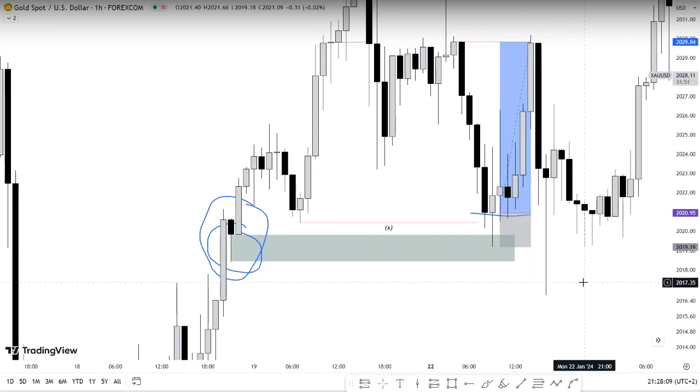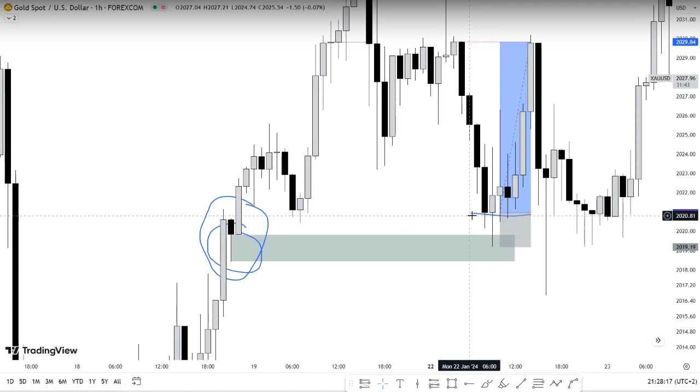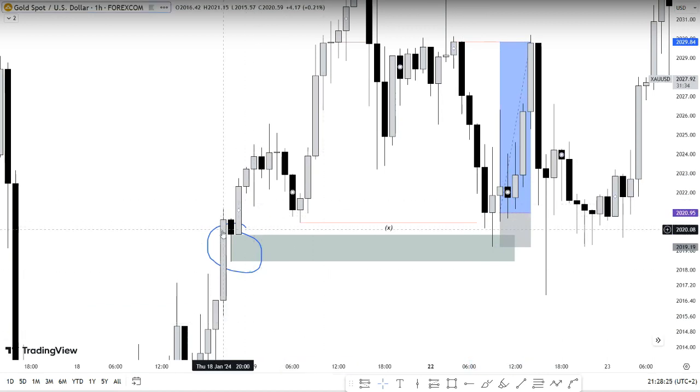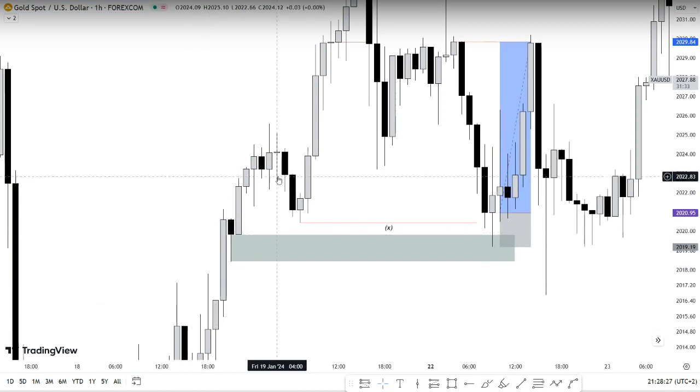But the same thing that I'm showing you now is the same thing that you're gonna see on a lower time frame. You're gonna see it on the M15, you're gonna see it on the M5. But the benefit of a lower time frame is for you to get a smaller stop. But sometimes you don't need to be greedy, right?